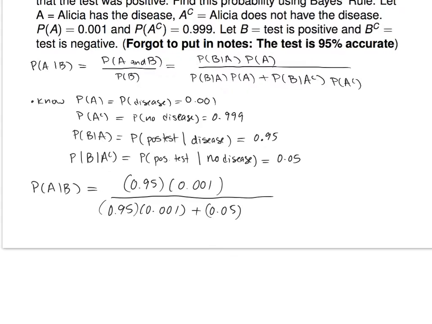And what goes in for A complement? 0.999. Okay, great. When you put this in a calculator, because at this stage you totally can, where do you need parentheses? The numerator or denominator? Denominator. Otherwise, it won't put everything in the denominator. Like if you want to punch it in one go, you put parentheses around the denominator. That ends up being, it's ridiculously small, 0.019 or 1.9%.